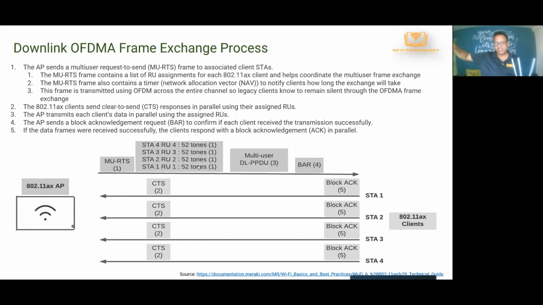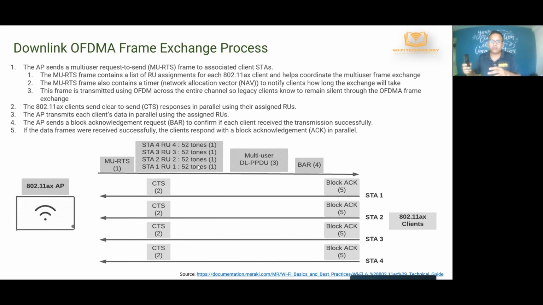Now, the 4 stations that are willing to participate in OFDMA will listen to this transmission, and they will acknowledge that by sending a clear to send frame. But the difference here is they will send the clear to send frame in the resource units that have been allocated to them. So station 1 will use the first 52 tones, station 2 will use the next 52 tones, station 3 will use the next 52 tones, and station 4 will be using the last 52 tones, right?